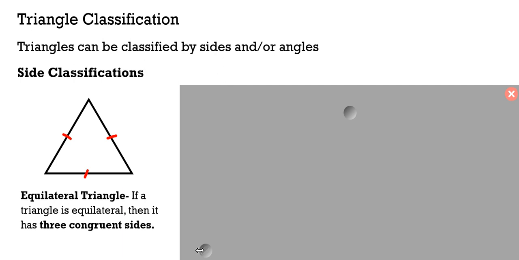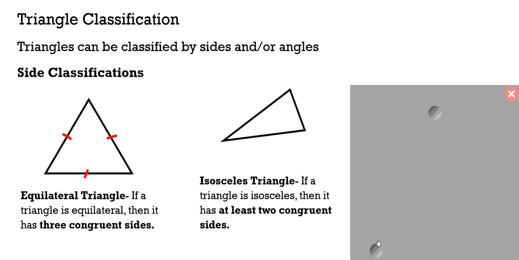This next one is one that you probably have an understanding of, but maybe not a perfect understanding of. And that's the isosceles triangle. And there's just two words that get added to this and that make it the more complete definition, and that's the "at least." If a triangle is isosceles, then it has at least two congruent sides.